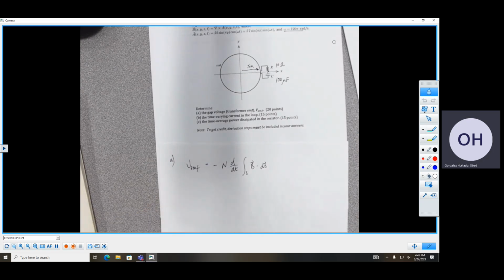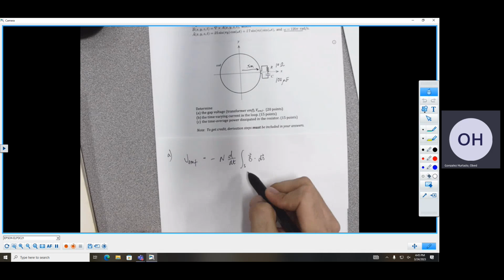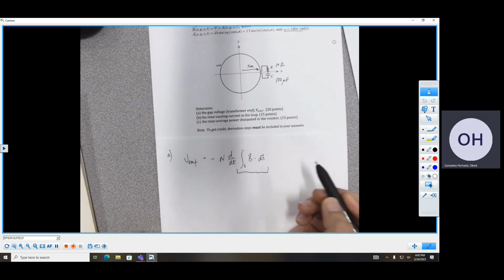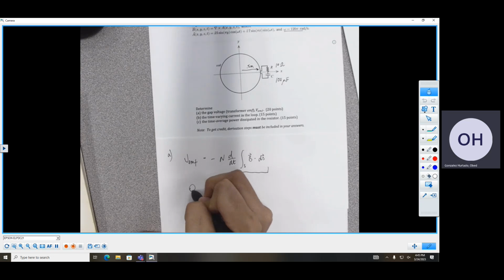Okay. So for this, from here, we know that this is another equation. This one.